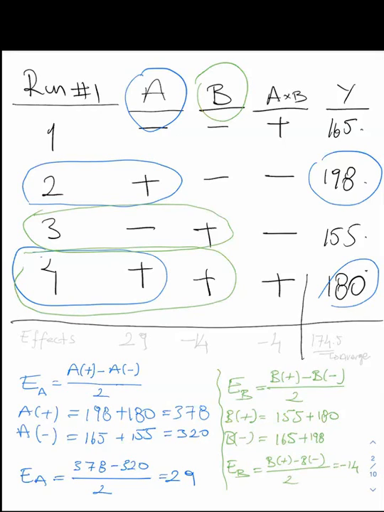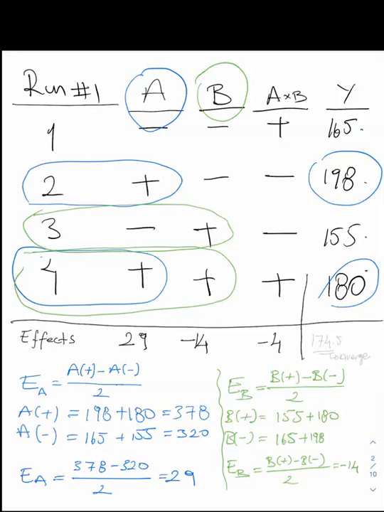Okay, so I can do the same thing for AB, I'm running out of space here. So the effects are 29, minus 14, and if I were to do the same thing for AB, I will find it a minus 4.